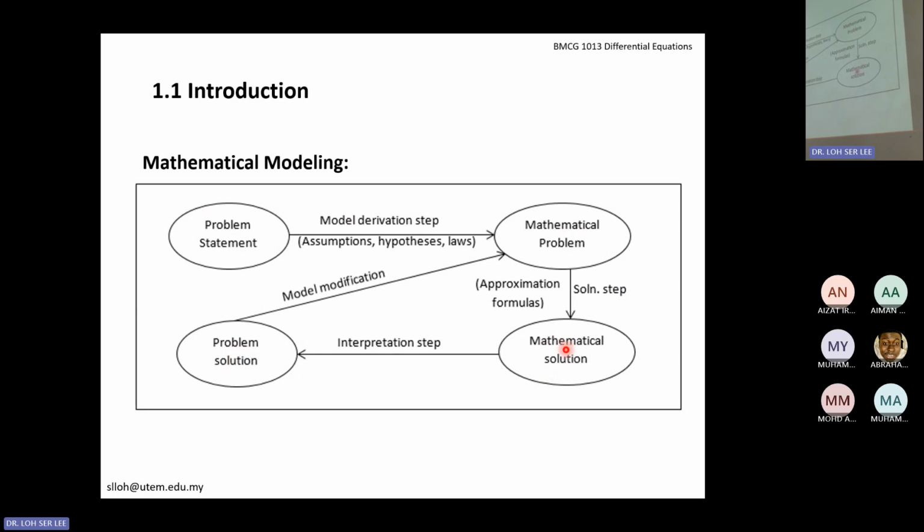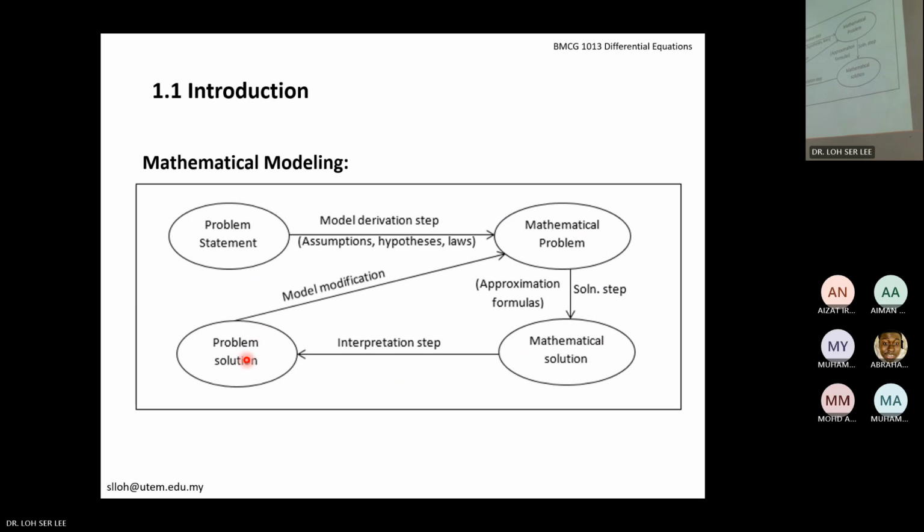Okay, how to interpret your result. What is charge? What is current? After you solve the differential equation, since this is mathematical modeling, once you get the interpretation of the problem solution, we will try to compare whether our result from the derivation matches the result from the experiment.